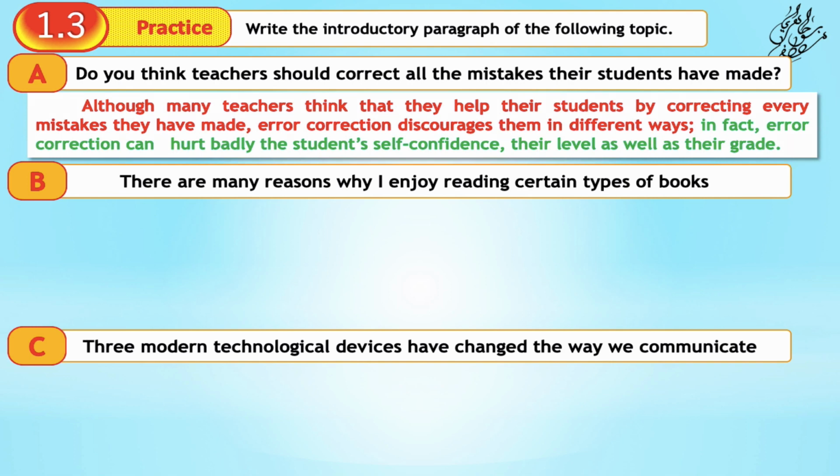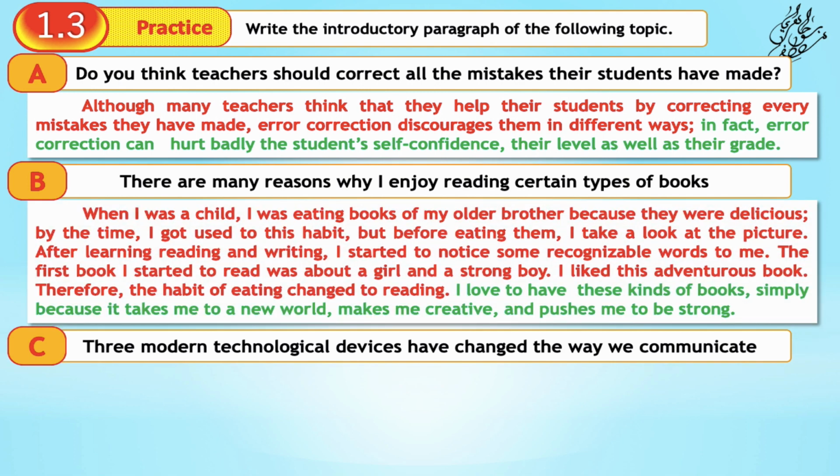The second topic, there are many reasons why I enjoy reading certain types of book. When I was a child, I was eating books of my older brother because they were delicious. By the time I got used to this habit, but before eating them, I would take a look at the pictures. After learning reading and writing, I started to notice some words recognizable to me.